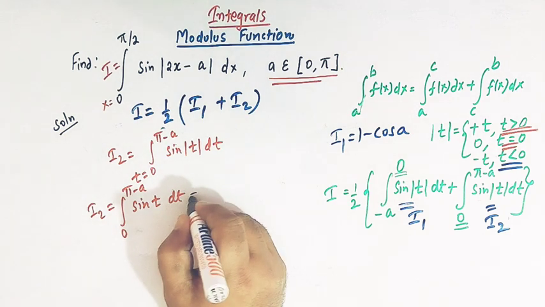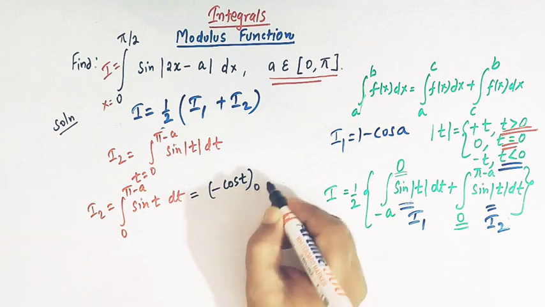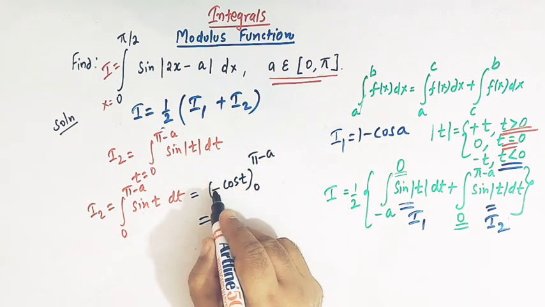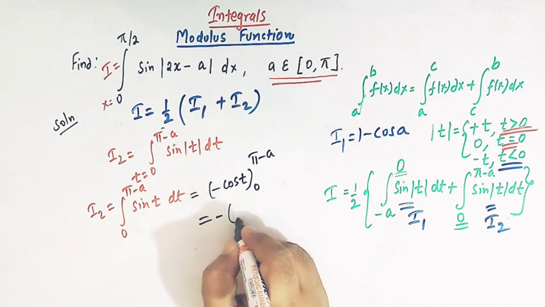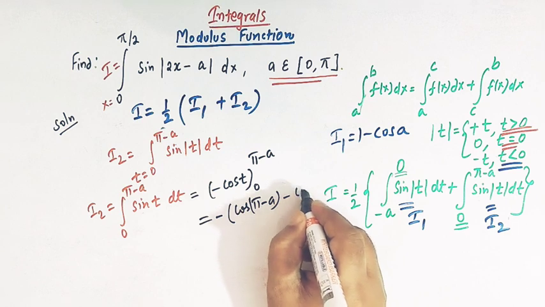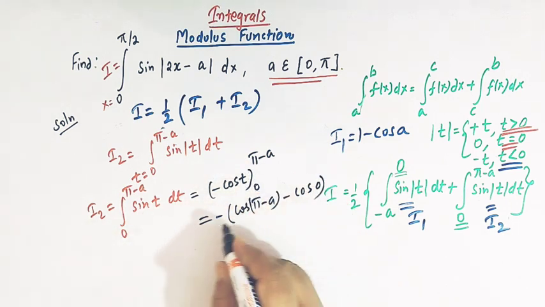So now the integral of sine t is minus of cos t, and the limits are from 0 to pi minus a. So we can take the negative sign outside. We have cos of pi minus a, and then we have cos of 0, right? Substituting the limits and taking the difference.